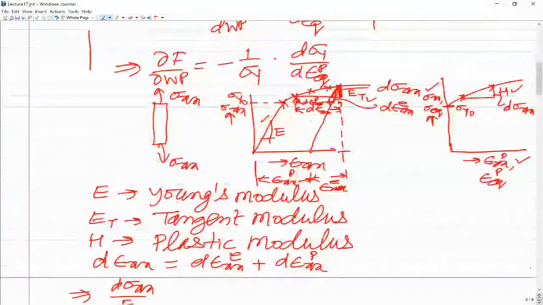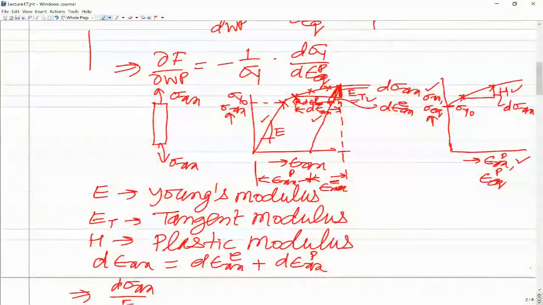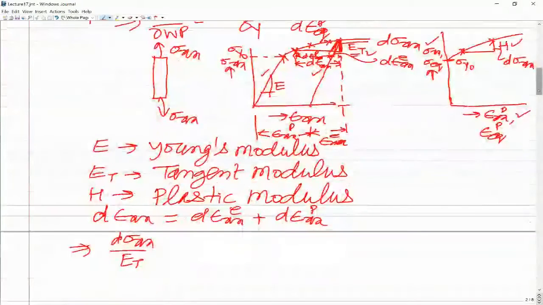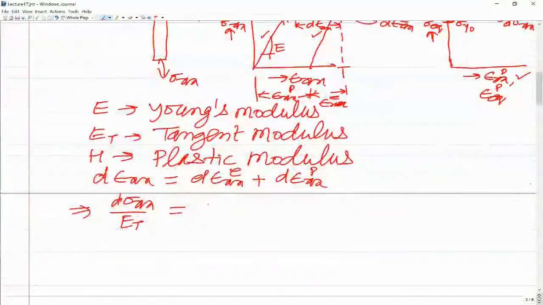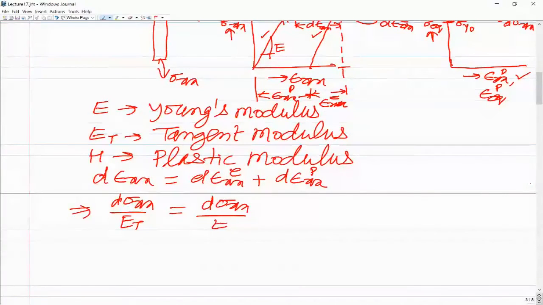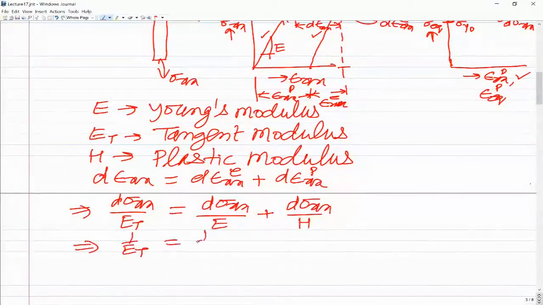Similarly d epsilon xx e can be written as d sigma xx upon the elastic modulus E, and d epsilon xx p can be written as the same stress increment d sigma xx upon H. So d sigma xx is common in all these, so you can say 1 upon E t is equal to 1 upon E plus 1 upon H.